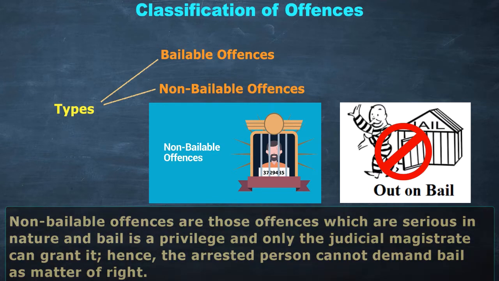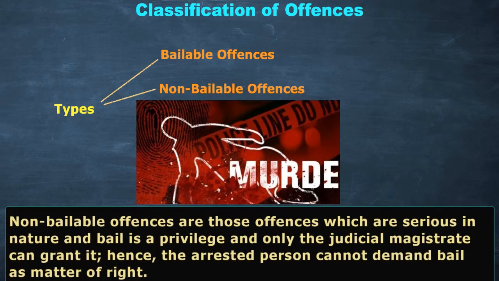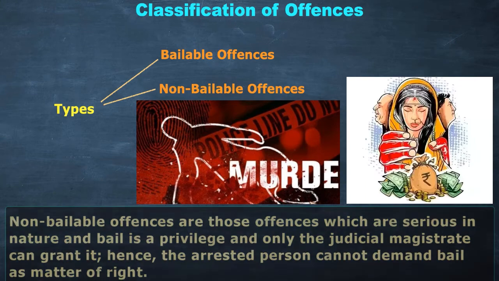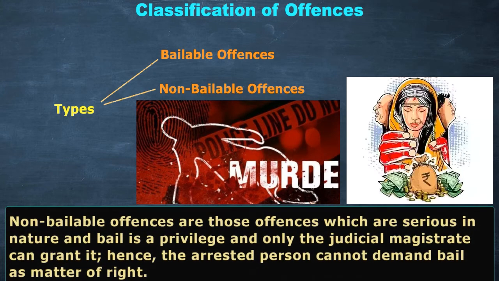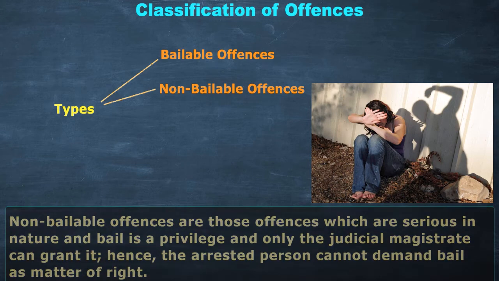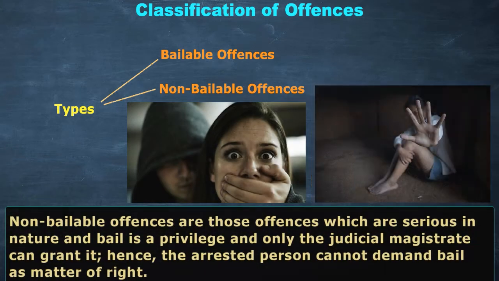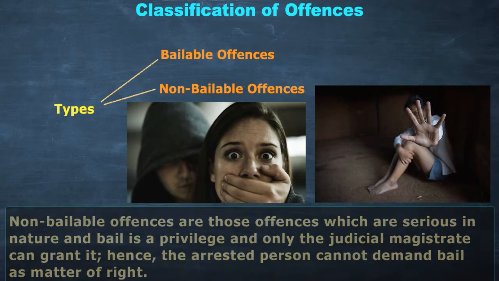Examples of non-bailable offense are murder, section 302 of the Indian Penal Code, dowry death, section 304B of the Indian Penal Code, attempt to murder, section 307, voluntarily causing grievous hurt, section 326, kidnapping 363, rape 376, etc. All these offenses are covered under the non-bailable offense.